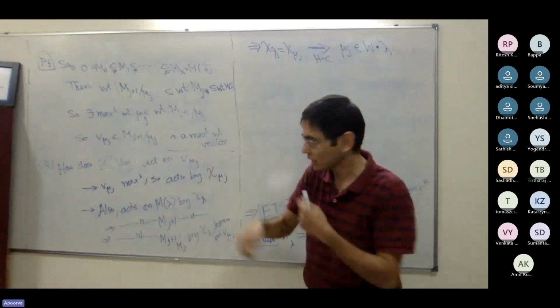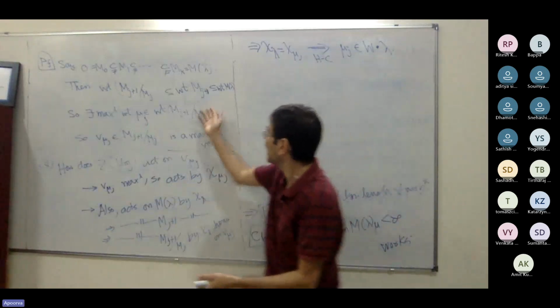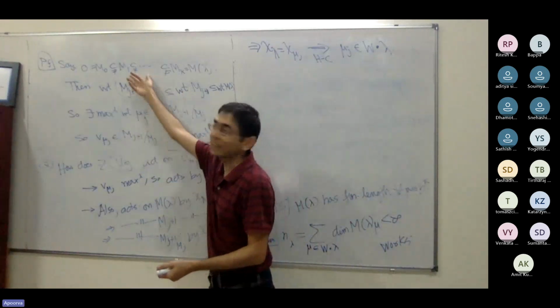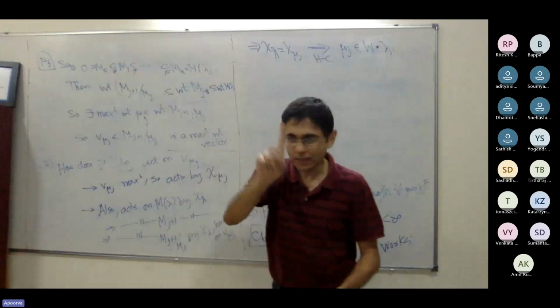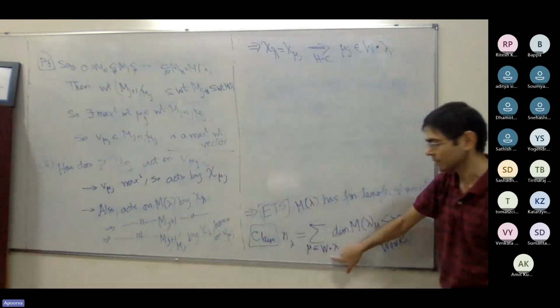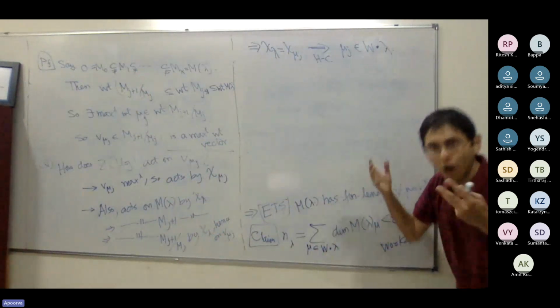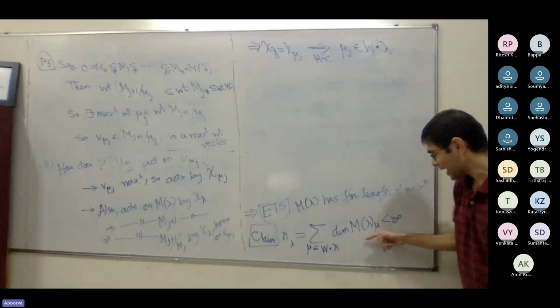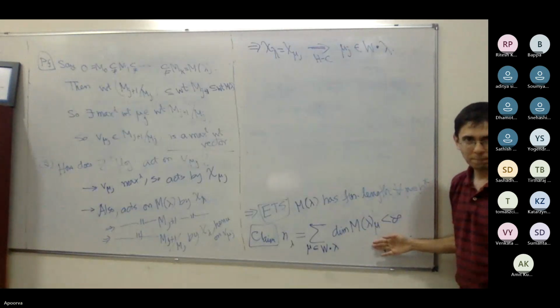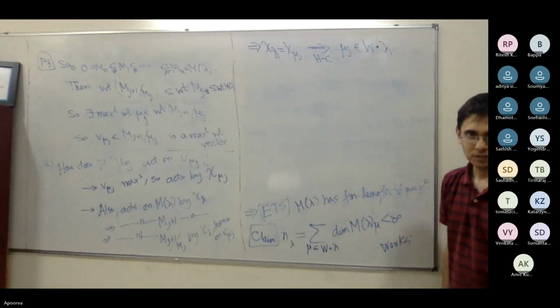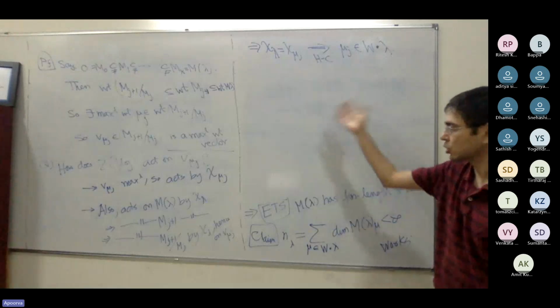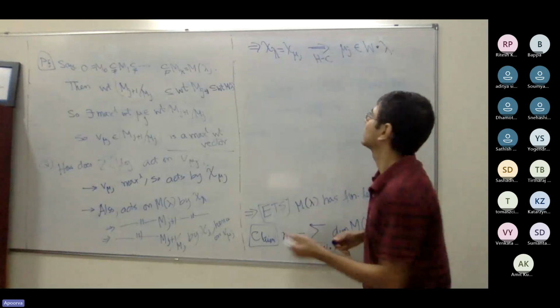So how is this possible? Every single time I have a link in the chain, I have to add one dimension for a vector in one of these weight spaces. So how many links can there be in the chain? At most these many. That's the point. And therefore now the Jordan-Hölder theorem applies.